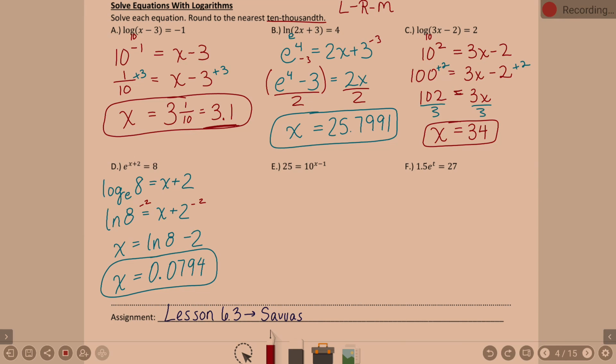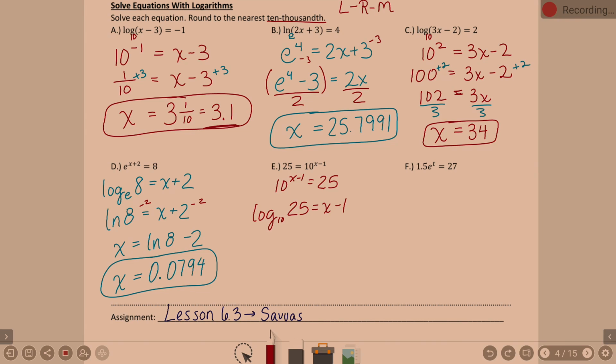My brain sees it better as, and again, not everyone needs to do this, 10 to the x minus 1 equals 25. If you need to do that flip, right? But if we're going into log, this is going to be log base 10 of 25 equals the x minus 1.